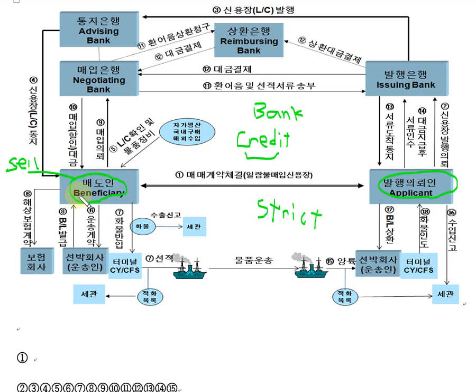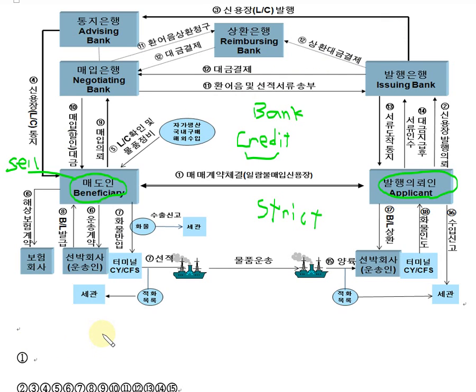For the seller to receive the money from the bank, this seller should follow exactly the documentation the buyer, the applicant, requested. If this seller cannot follow the request of the buyer, his claim for payment will be rejected.